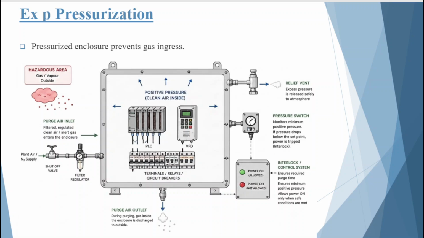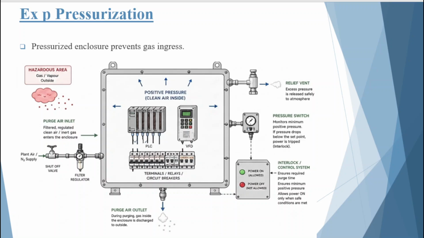As shown in the illustration, the clean air enters the enclosure and keeps the internal pressure slightly higher than the outside. Because of this pressure difference, even if there are small gaps around the door, cable entries, or joints, the airflow is always directed from inside to outside, preventing the hazardous atmosphere from flowing inward.